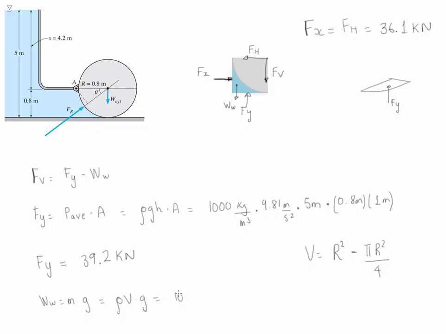And we do once again 1,000 kilograms per meter cubed times the volume, which is going to be 0.8 meters squared minus 0.8 meters squared times pi divided by 4, times 9.81 meters per second squared.